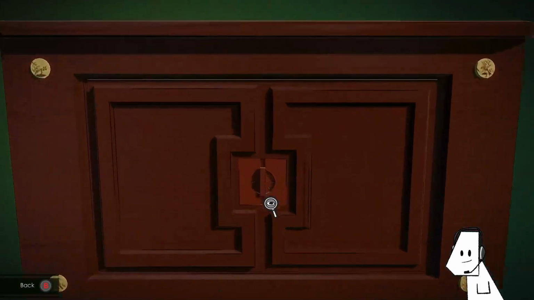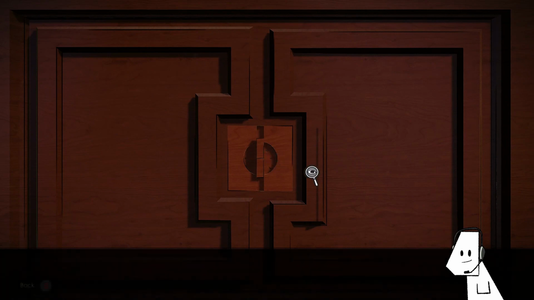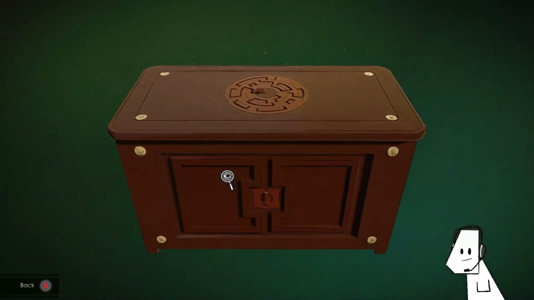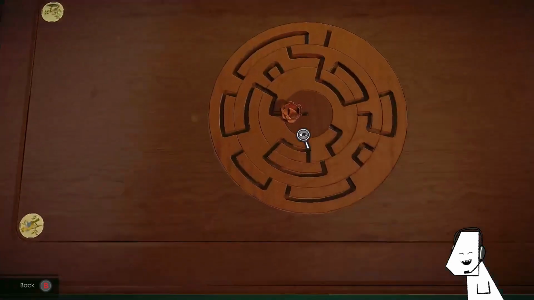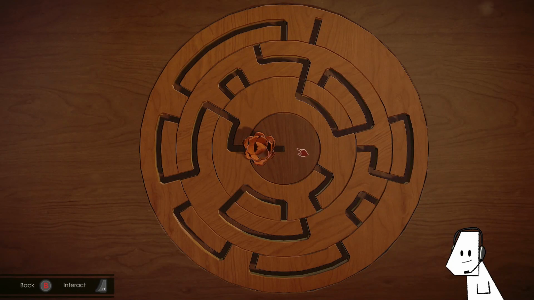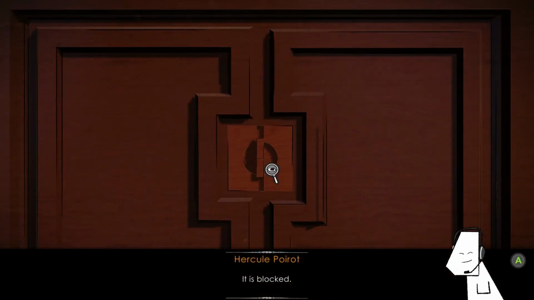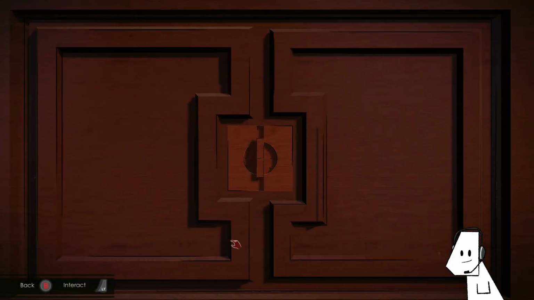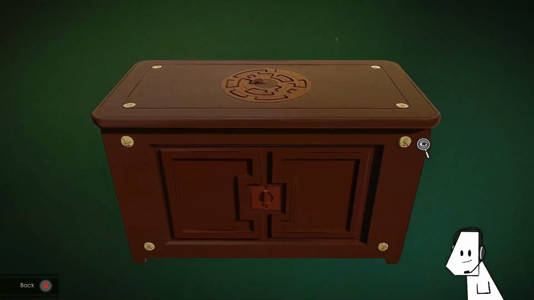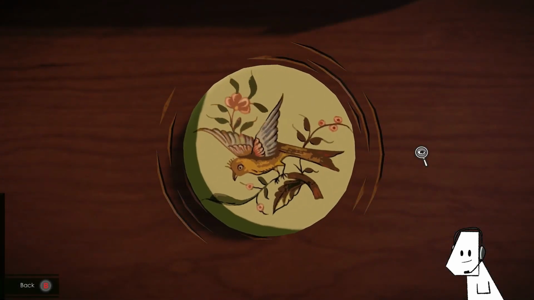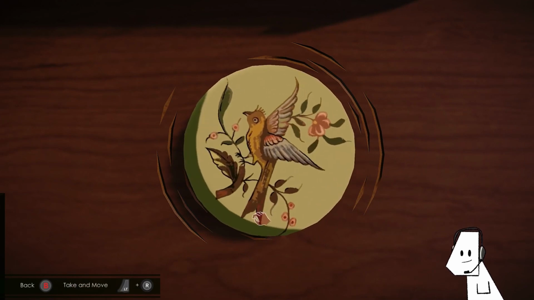Are we all good now? Are we in? It is blocked. How is it blocked? Why? Did I press it too many times? It is blocked. Why are you blocked? I don't understand what's blocked. What am I not seeing here? Why is this so complicated?